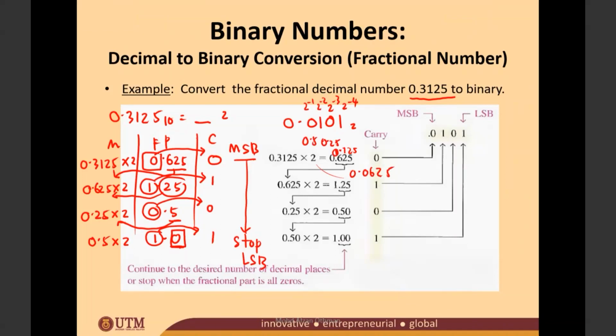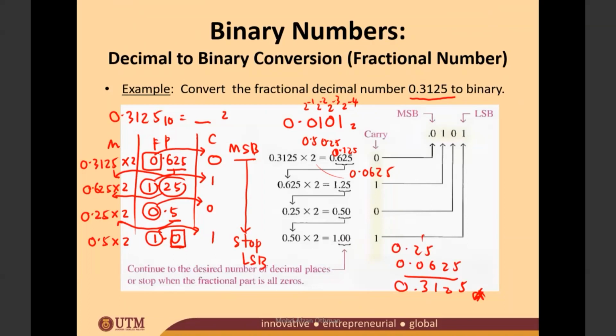So 0.0625 tambah dengan 0.25. So kamu tambah. So 5, 2, 6, 11. So kamu dapat 0.3125. Jawapan dia sebaik.